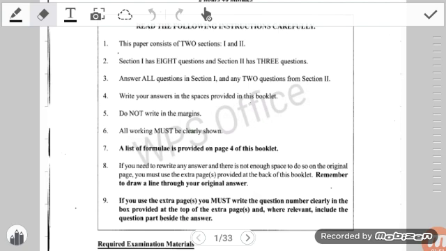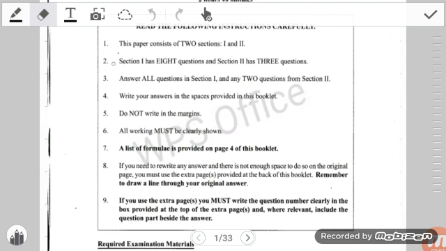Alright, so let's jump into the paper without further ado. So we already know the instructions for CXC exams, as you can see right there. It consists of 2 sections, a total of 10 questions. The paper that we are now doing in the year 2021, it's no longer set up like this, because now there are 2 sections, but all questions on the paper are compulsory.